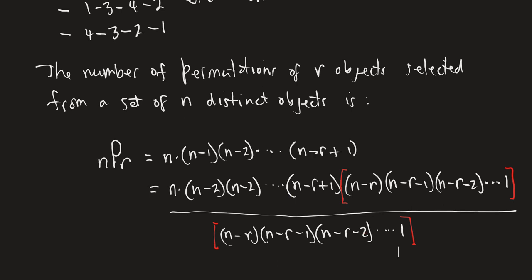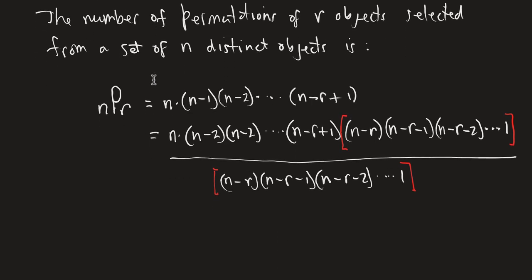If you look carefully now, the numerator starts at n, and you continue to subtract 1 and multiply all those factors until you get down to the number 1. So the numerator is actually n factorial. The bottom is something similar, but instead of starting at n, you're starting at n minus r, and then continually subtracting 1 until you get to the number 1.